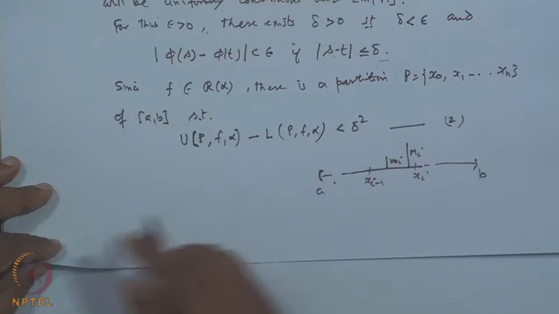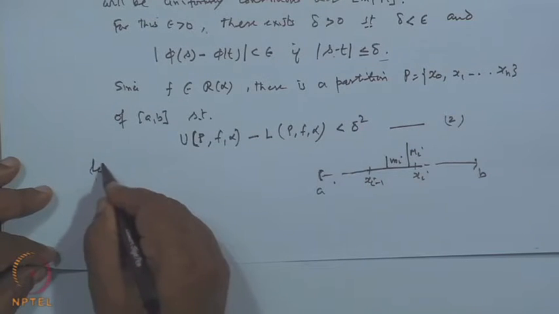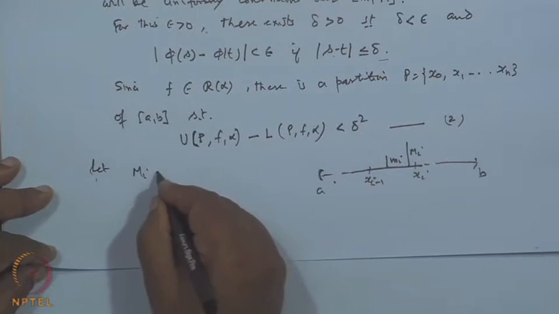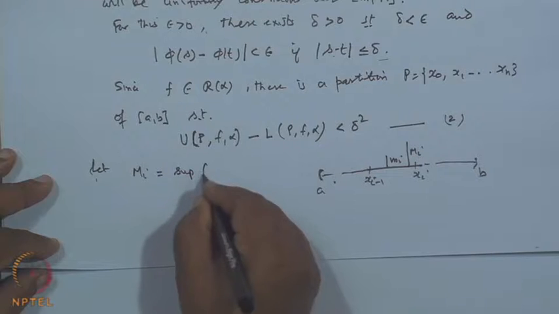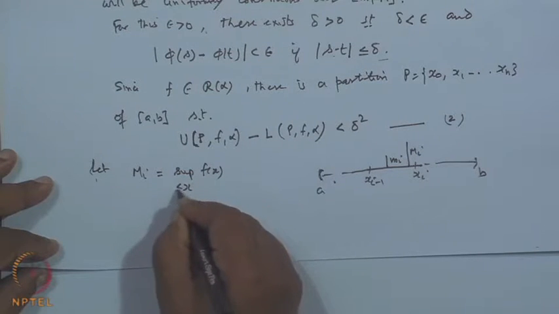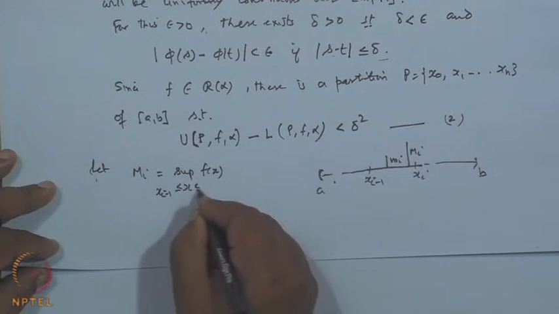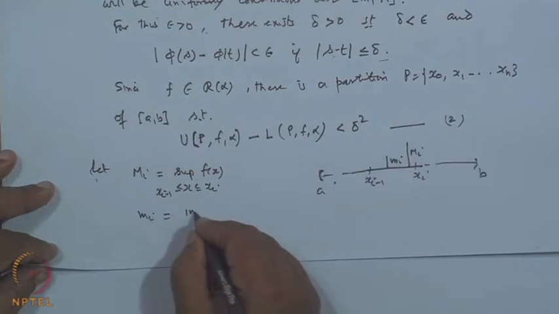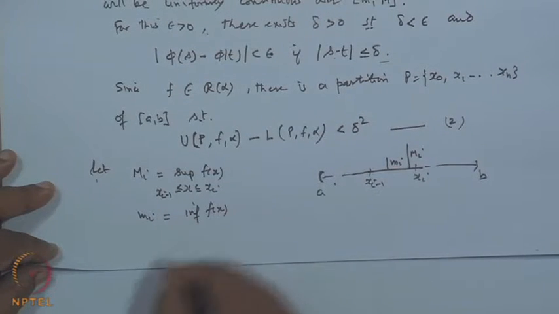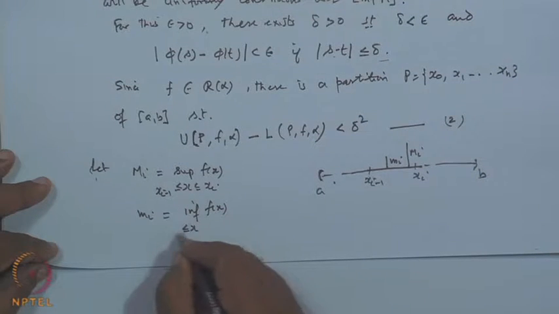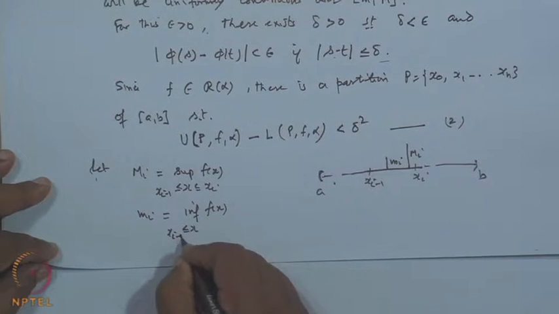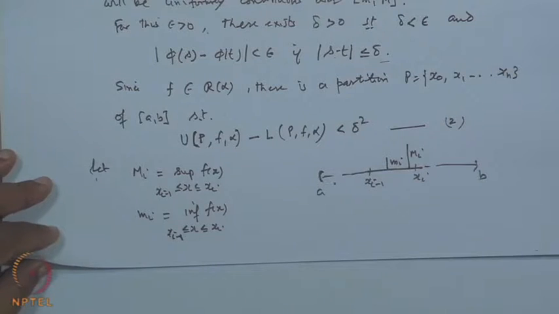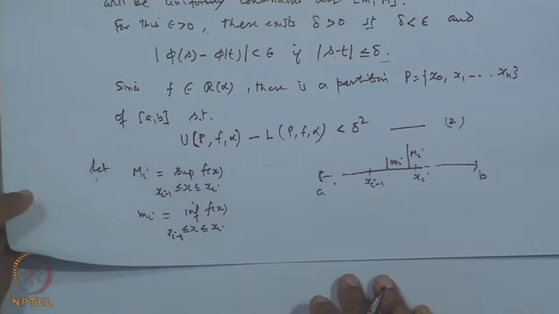So, let capital M_i be the supremum of the function f(x) when x lies between x_{i-1} and x_i, while small m_i is the infimum value of the function f(x) when x lies between x_{i-1} and x_i. Clear? Let it be this one.